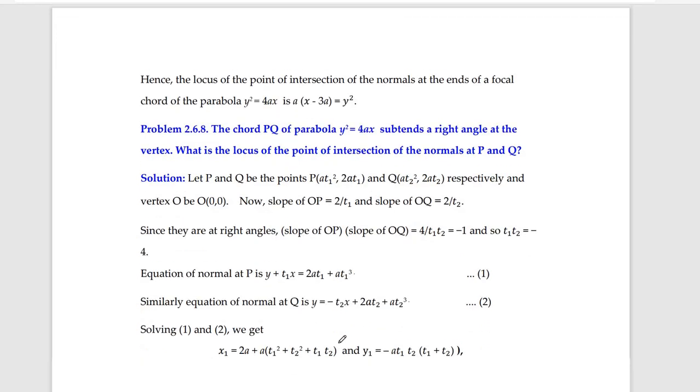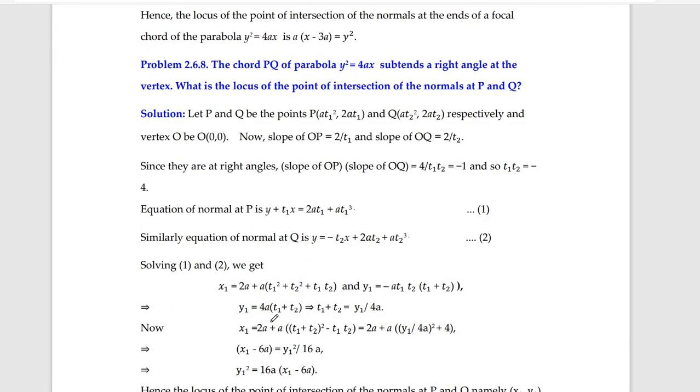As before, x1 is taken as this, y1 is taken as this. In the previous cases, we had t1 t2 equal to minus 1 with the condition given. In this case we are going to have t1 t2 as minus 4.